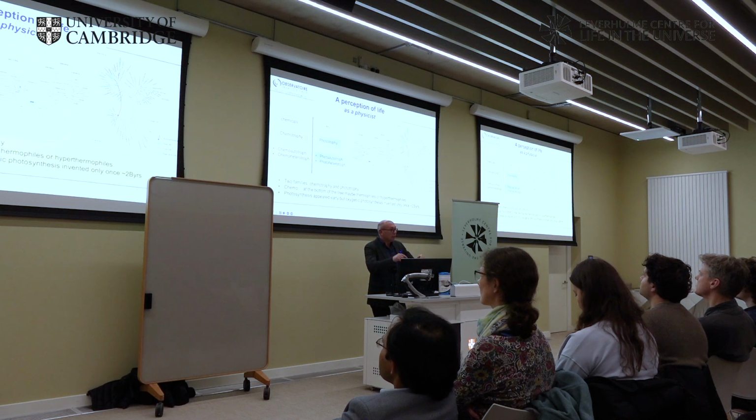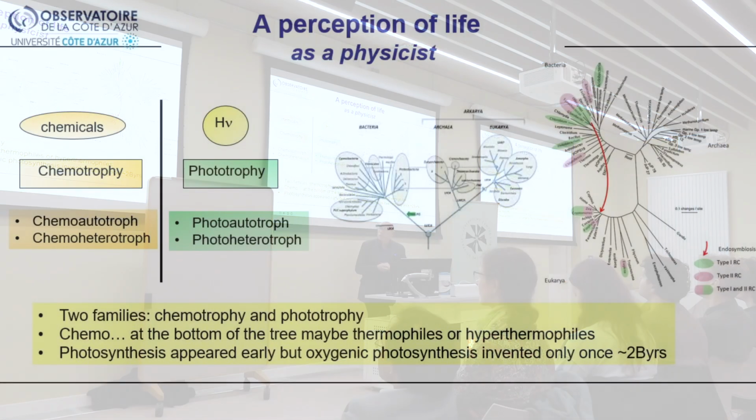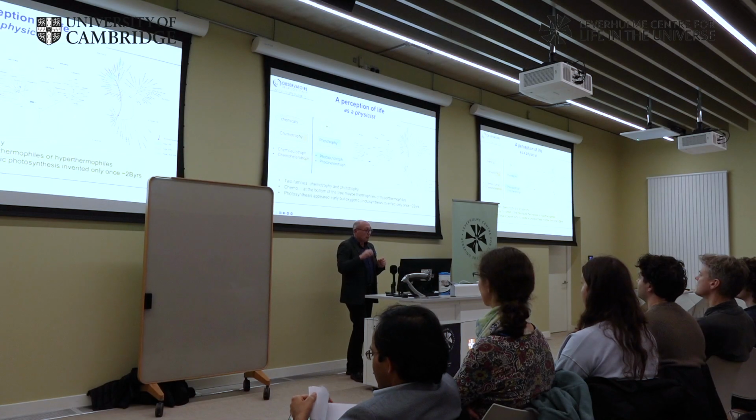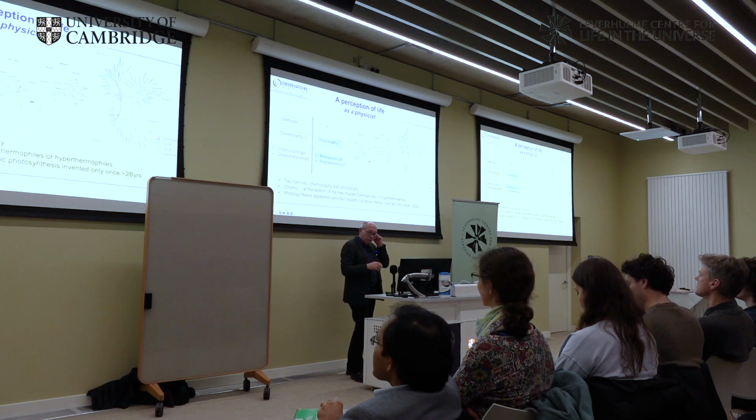So now I'm digging you into biology. This is what we did, and that's my view of biology, my perception of life as a physicist. All the work we've done is considering that tree of life, you have two big families. You have the chemotroph, that means bacteria that are just using chemical gradient as energy. They don't need light. And you have phototroph, so all the bacteria that are using light, producing oxygen or not.